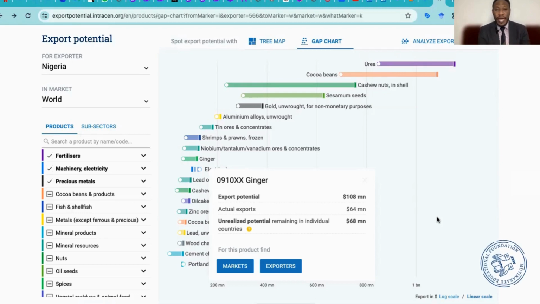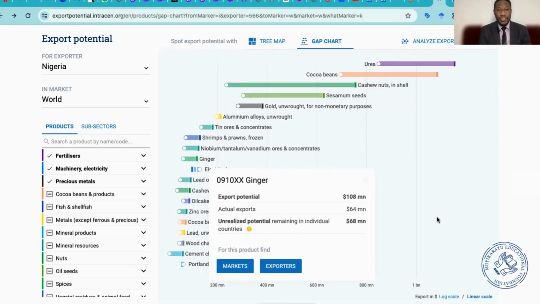But the actual export is only 64 million, not up to half of what we need to export in ginger. So we need to export more when it comes to ginger export out of Nigeria.